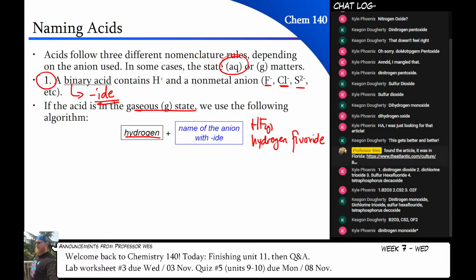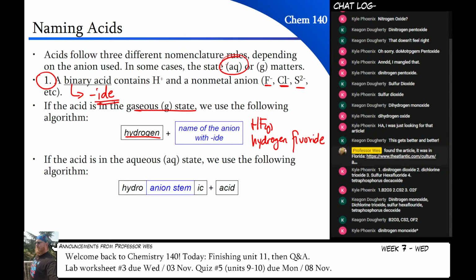Now, if it's not in the gas state and is instead aqueous, you use this rule instead. You write hydro, something, ic acid. In this blank, you take the name of the ion with "ide" removed.